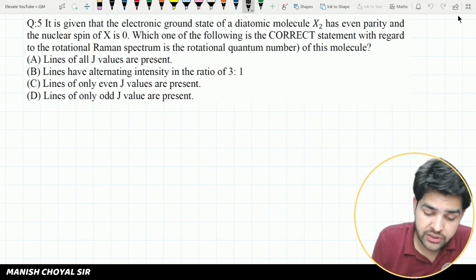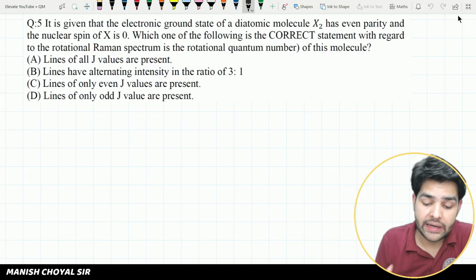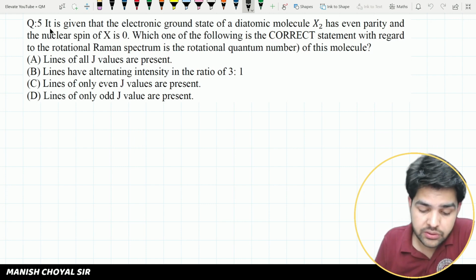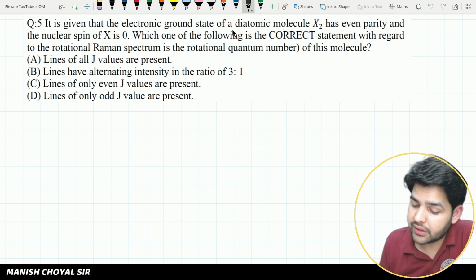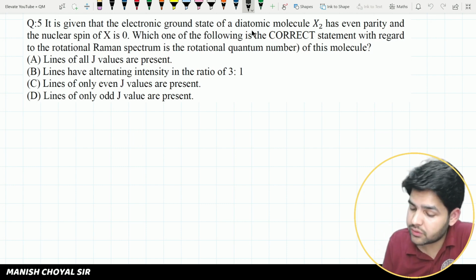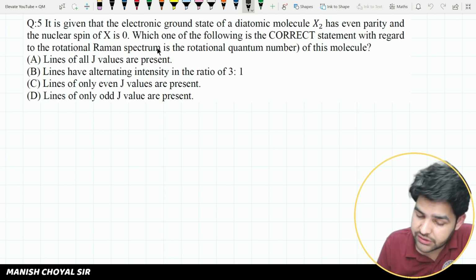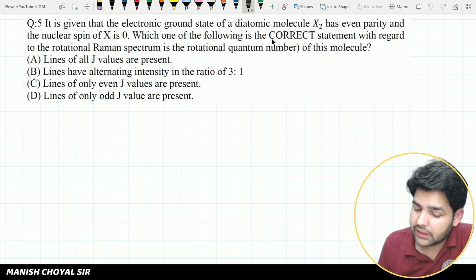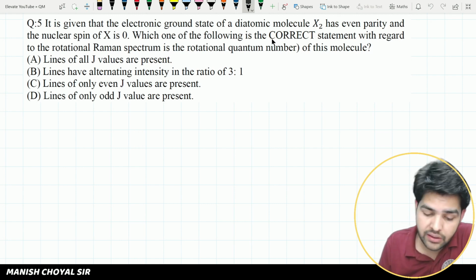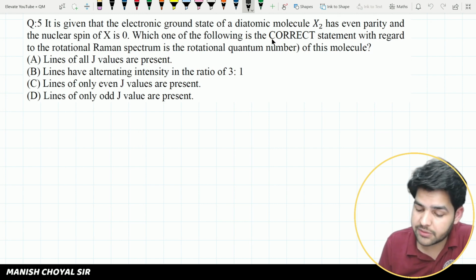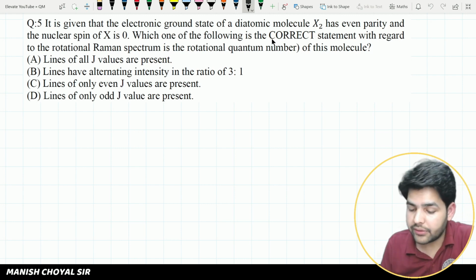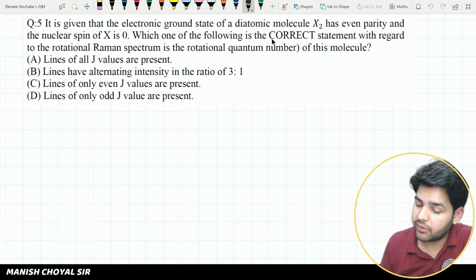Okay, let's discuss question number 5. This was a slightly tricky question. The question statement is: it is given that the electronic ground state of a diatomic molecule X2, which is unknown to us, has even parity and the nuclear spin of X is 0. Which of the following is the correct statement with regard to the rotational Raman spectrum, where J is the rotational quantum number of the molecule?